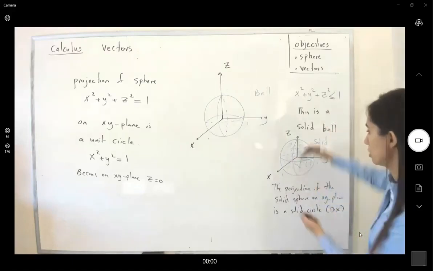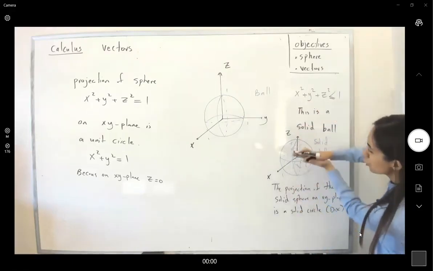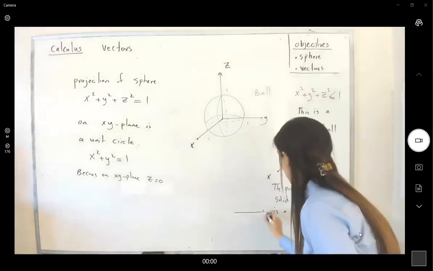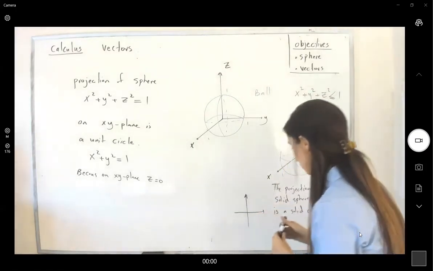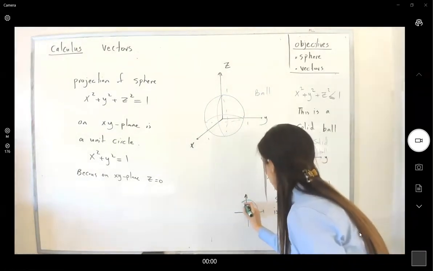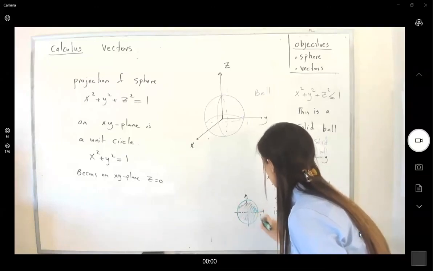So the projection means that if I project this on the xy plane, it's going to be like this. On the xy plane, the projection is all points on and inside the circle.